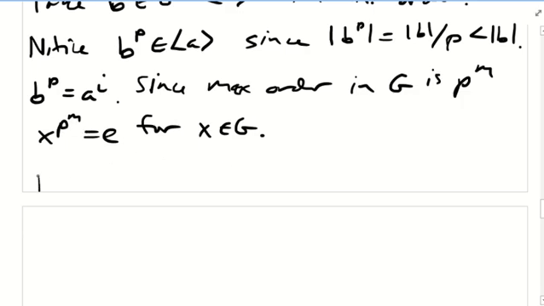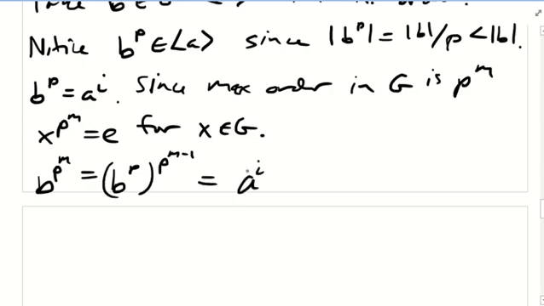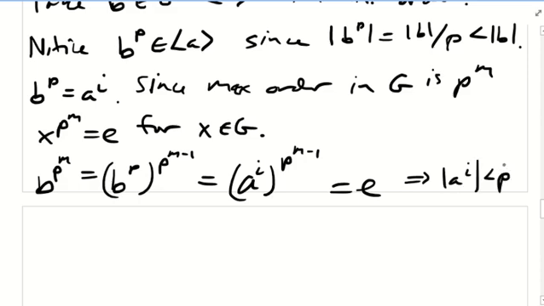All right, so that's true for B as well. B to the p to the m is B to the p to the p to the m minus 1, which is A to the i to the p to the m minus 1. That's the identity, right? Which means the order of A to the i is less than or equal to p to the m minus 1.